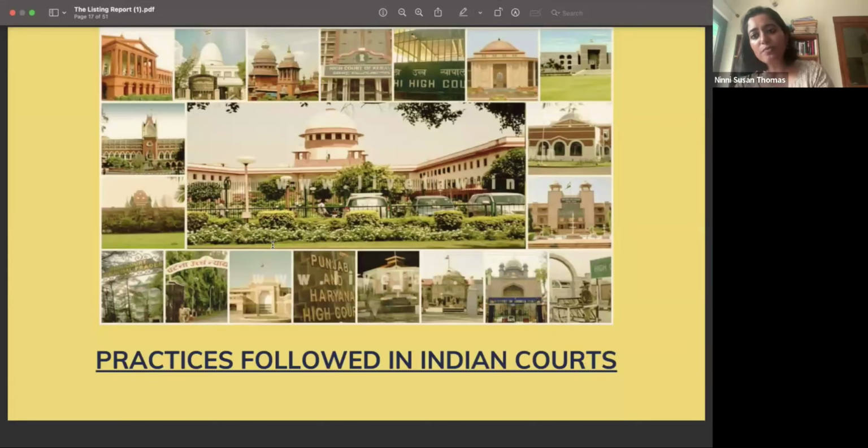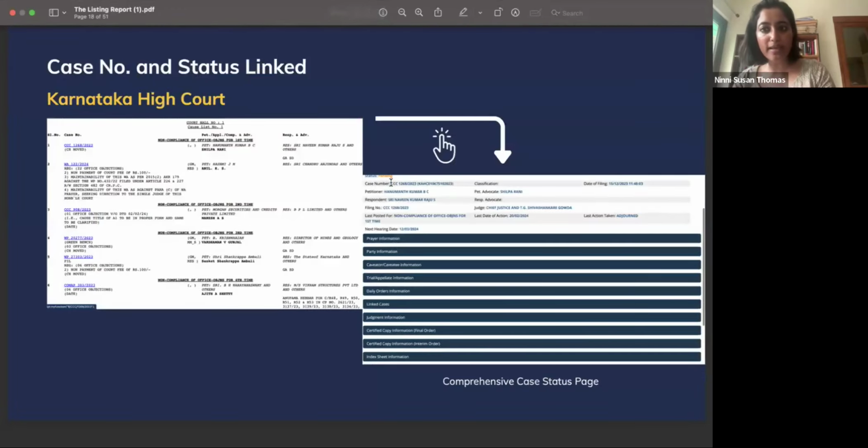In the report, we've also tried to collate best practices that are followed in many courts. I will not take time to go through each of them. But basically what we found is things like this, where case status and the cause list are linked. So you can easily access it by just pressing this hyperlink. It will take you to the case status from the cause list itself.